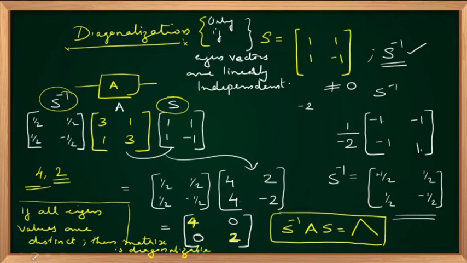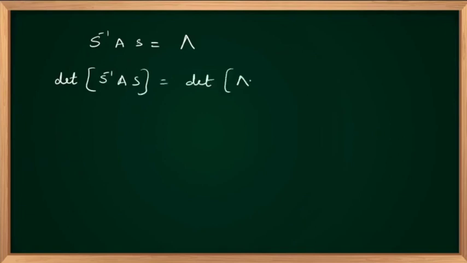So let us see, one property I can prove easily from here. If S inverse times A times S is equal to lambda, I'll take the determinant on both sides. Determinant of S inverse into A into S is equal to determinant of lambda, correct?